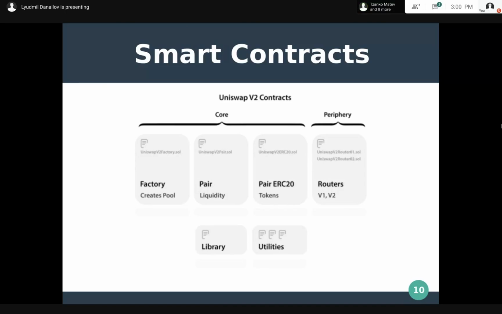If you put liquidity to the pair contract, you get a pair ERC20 token. And as usual, you can put this token in some other contracts to get additional reward.